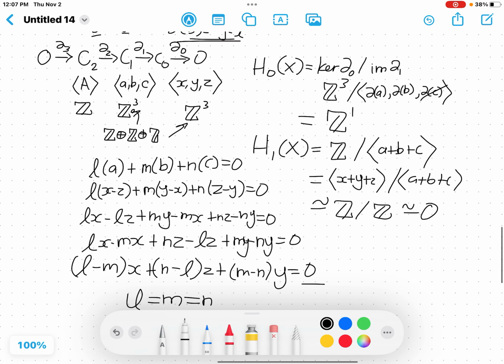So we collapse every point in Z onto a single point. And so that's just 0. That's just the trivial group.